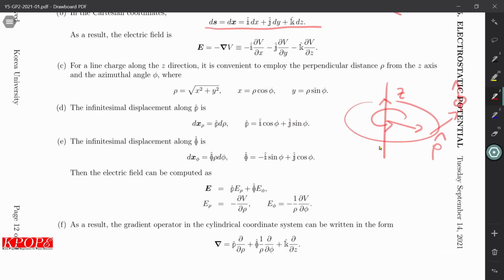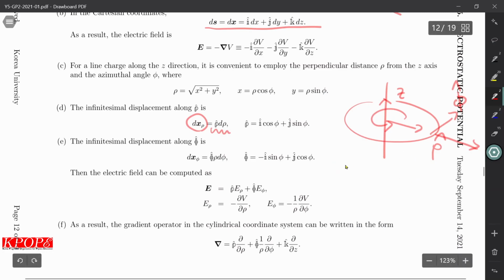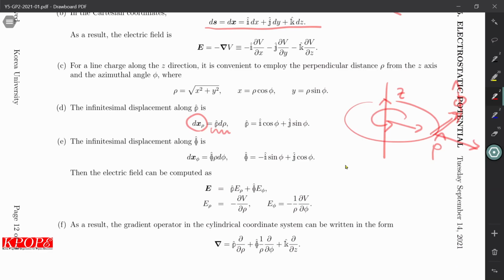Anyway, in the case of planar radial direction, the displacement is expressed in this way. Displacement along the radial direction in the planar radial direction. If there is the displacement along the angular direction, azimuthal direction, that can be parameterized in this way.